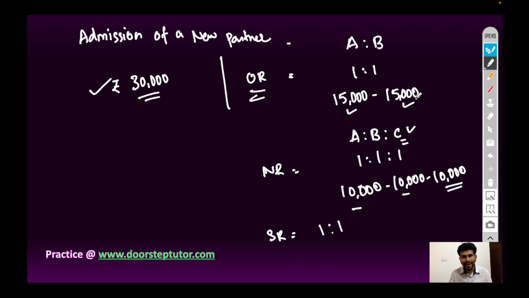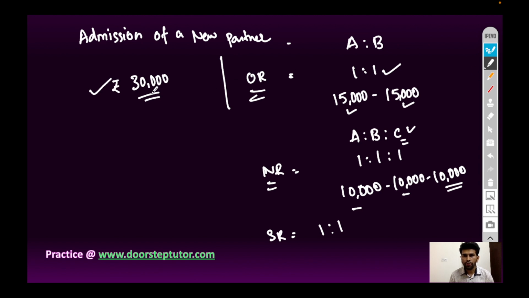So Mr. A and B are both equal partners. In case of 30,000 rupees of profit, they were sharing 15,000 rupees each. So old ratio was 1 is to 1. At the time of admitting Mr. C as incoming partner, new partners will be Mr. A, B and C. So new ratio will be 1 is to 1 is to 1 because Mr. C is an equal partner.